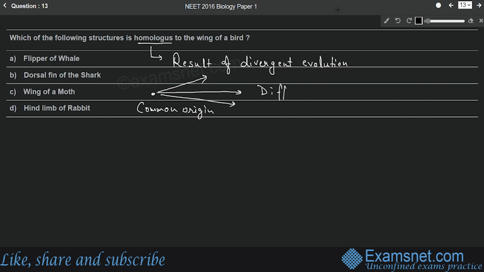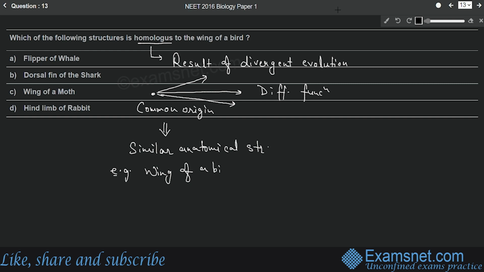So, different functions are being performed by these organs in spite of having some common origin, okay. Now, since they have the common origin or common ancestry, they have similar anatomical structure, right? And one of the examples of such structures is wing of a bird that is mentioned in the question.